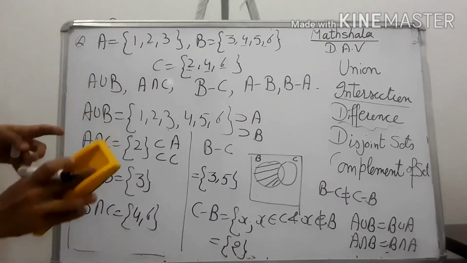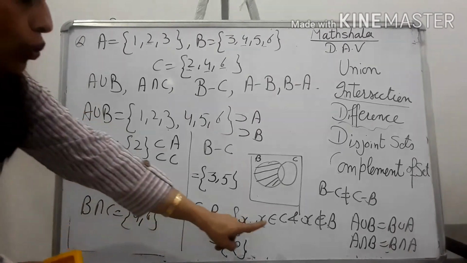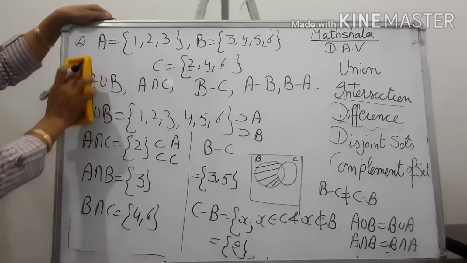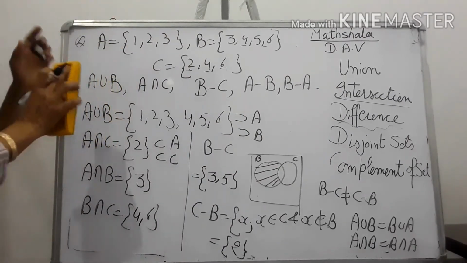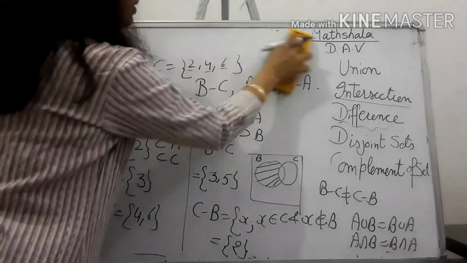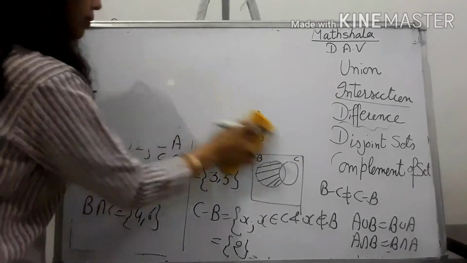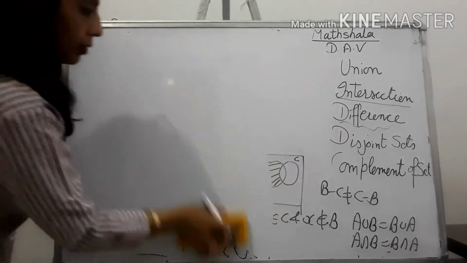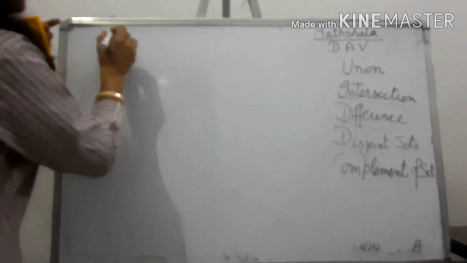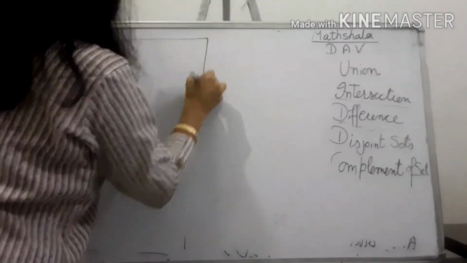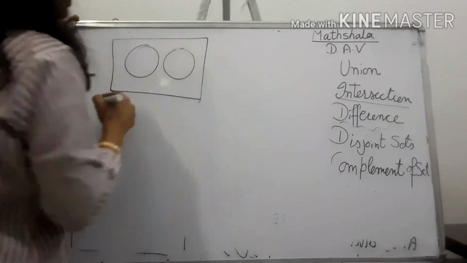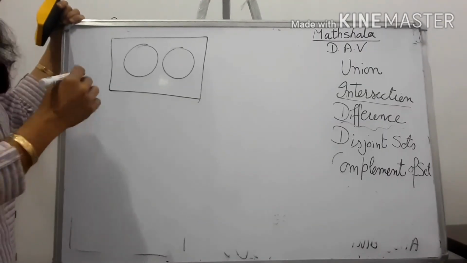So we have done the definition of the difference of two sets. Move to disjoint sets. Let's take the help of a Venn diagram. When there is nothing common between two sets, then these are known as disjoint sets.